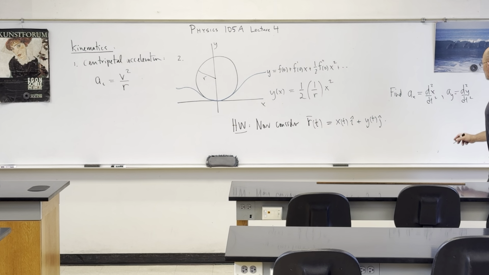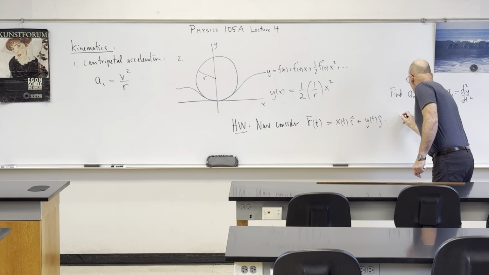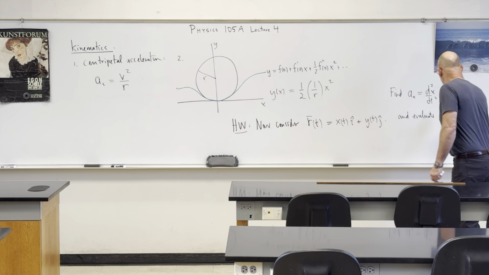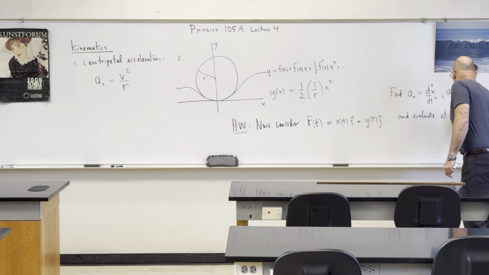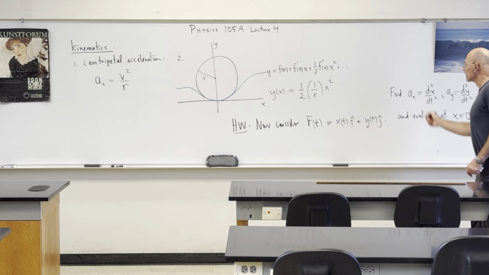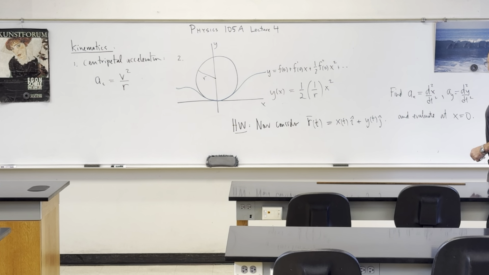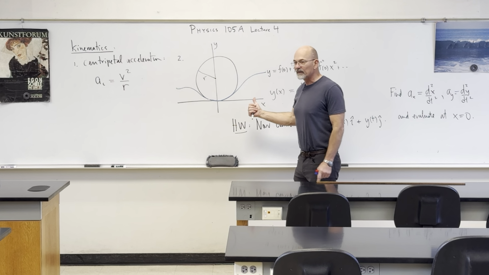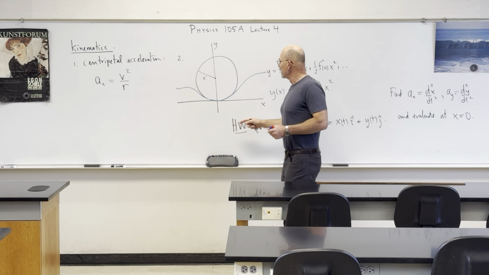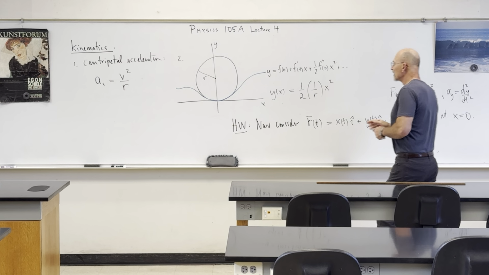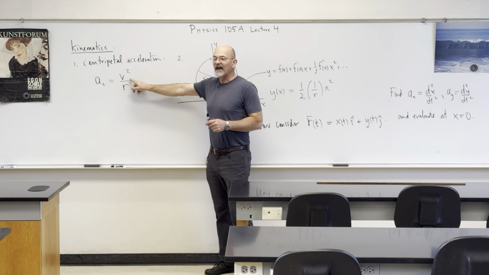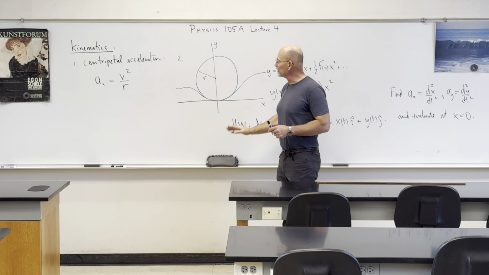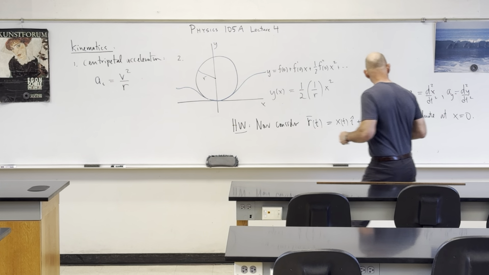We want to find these two and evaluate at x equals 0, which is our origin there. And what you're going to find is that you've got some x acceleration depending on how fast you're moving in x. The y acceleration should be exactly this, okay? Because you're going through a local curve, and you should find v squared over r.